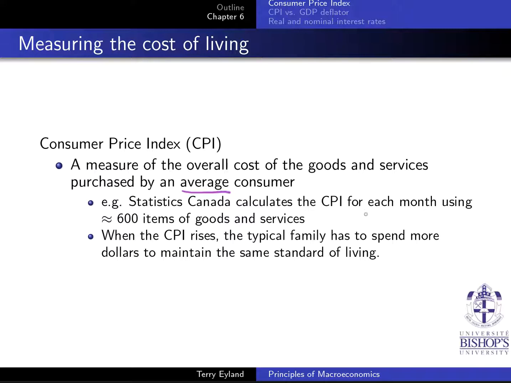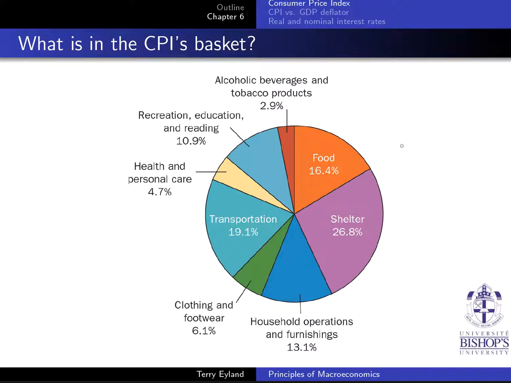Statistics Canada calculates the CPI each month using roughly 600 items. And when the CPI rises, that means that the typical family has to spend more dollars to maintain the same standard of living, because that basket of goods, which we'll see in a second, rises. So what are those 600 items more or less?